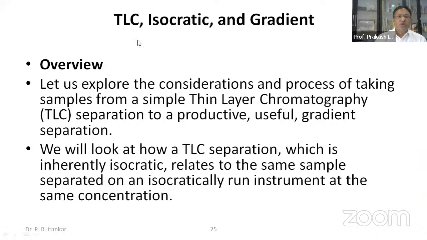So now let us again review a little bit that TLC. Yes, we started with that, and then we know that it was an inherently isocratic kind of system. Then we moved ahead and we saw that the same isocratic system can be used in column chromatography.